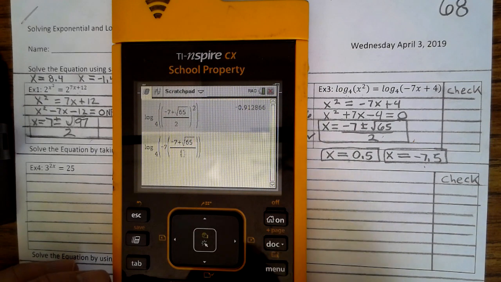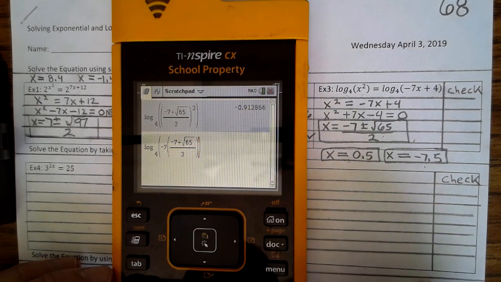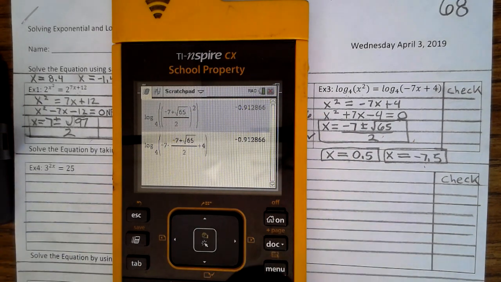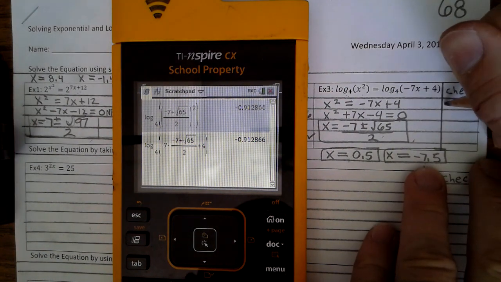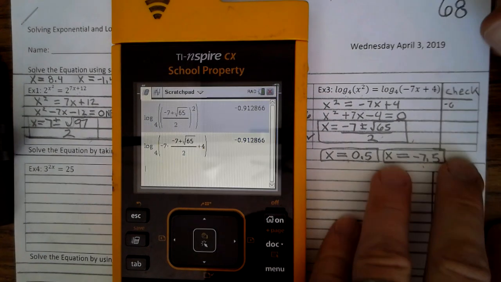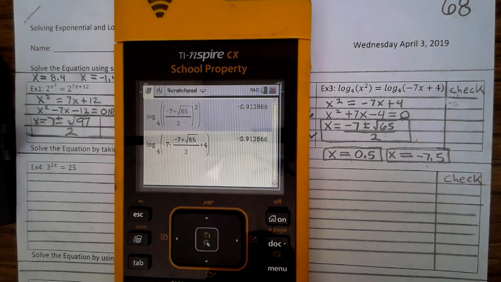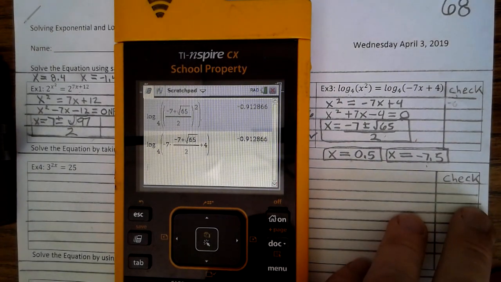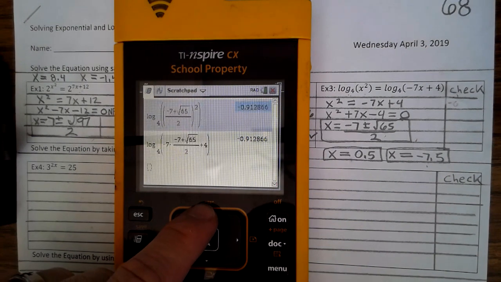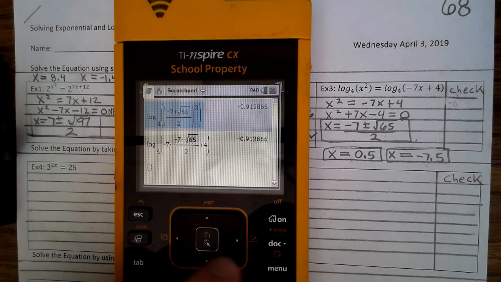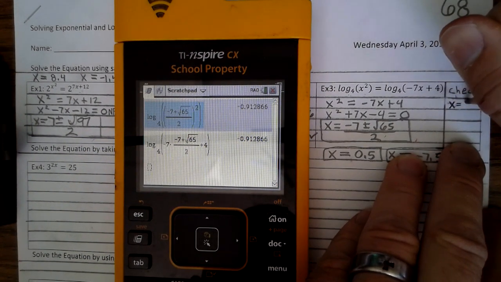You can see that negative 0, oh, and actually before I write that, that was checking, which one was that? That was the 0.5, so x equals 0.5, so negative 0.9 equals negative 0.9, so this checks.